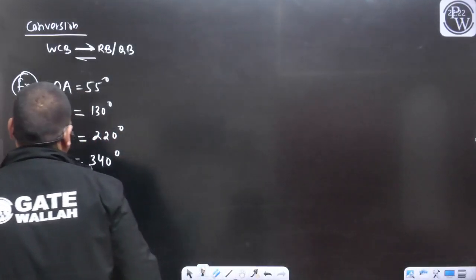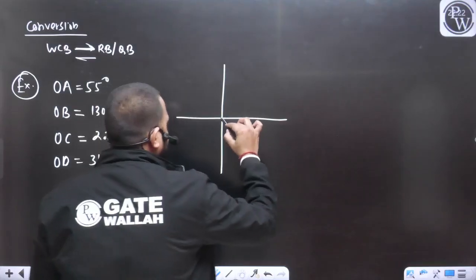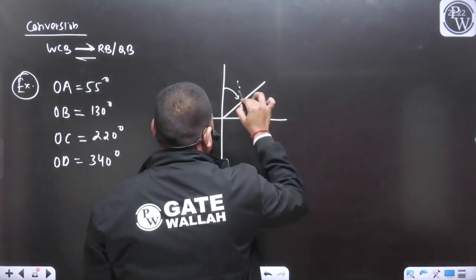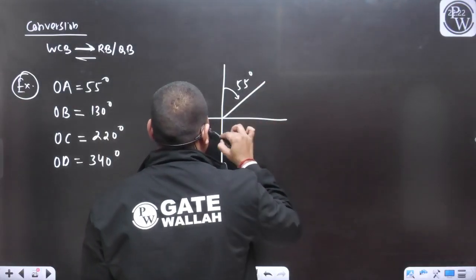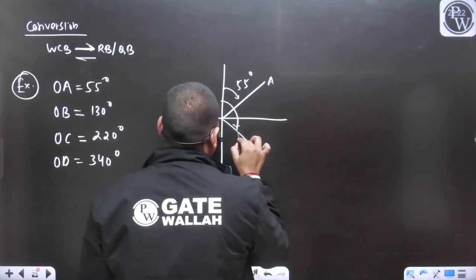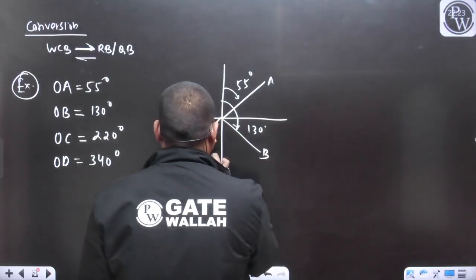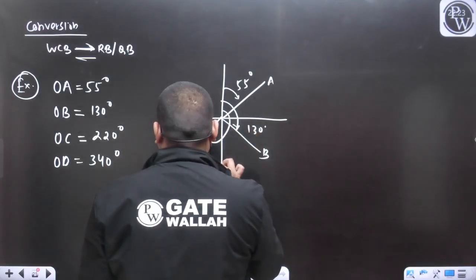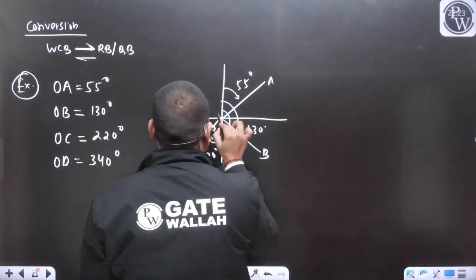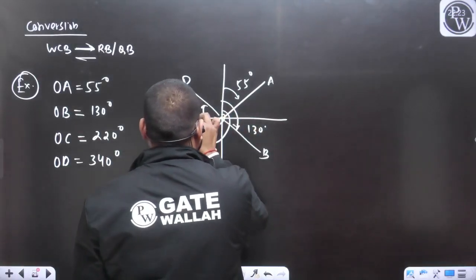Very easily we can convert. Let's use the diagram also. This line is OA, this angle is given as 55 degrees. This line is OB, this angle is 130 degrees. This line is OC, this angle is 220 degrees, and this line is OD, and this angle is 340 degrees.